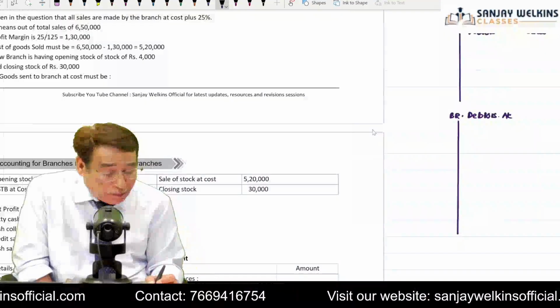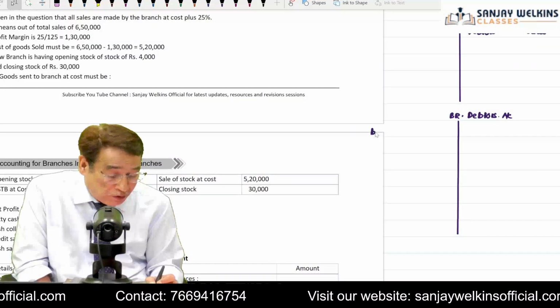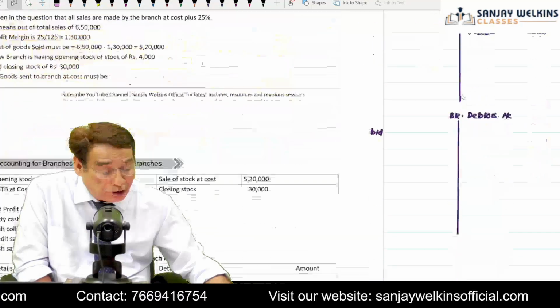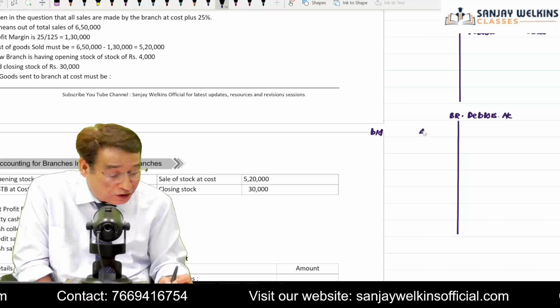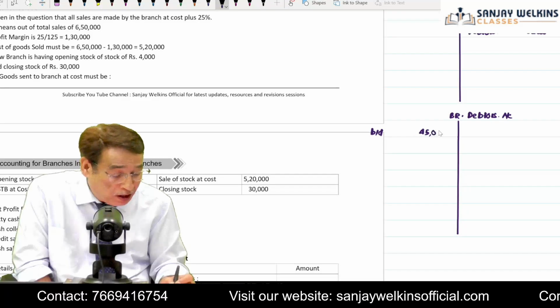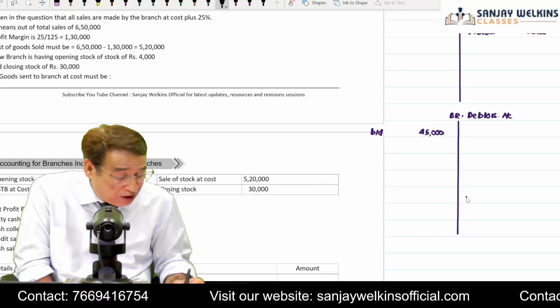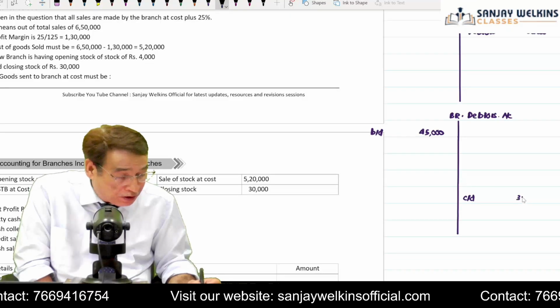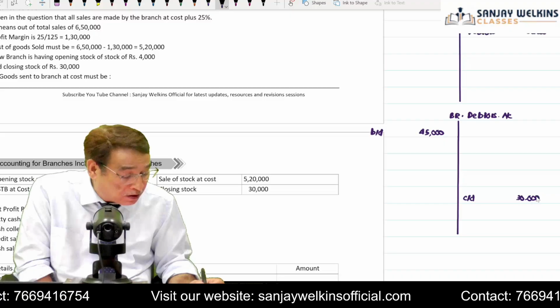And because we are preparing the debtors account, I will write here opening balance. The opening balance of the debtors was 45,000. And besides that, I will write balance carried down, which happens to be 30,000 as far as debtors are concerned.